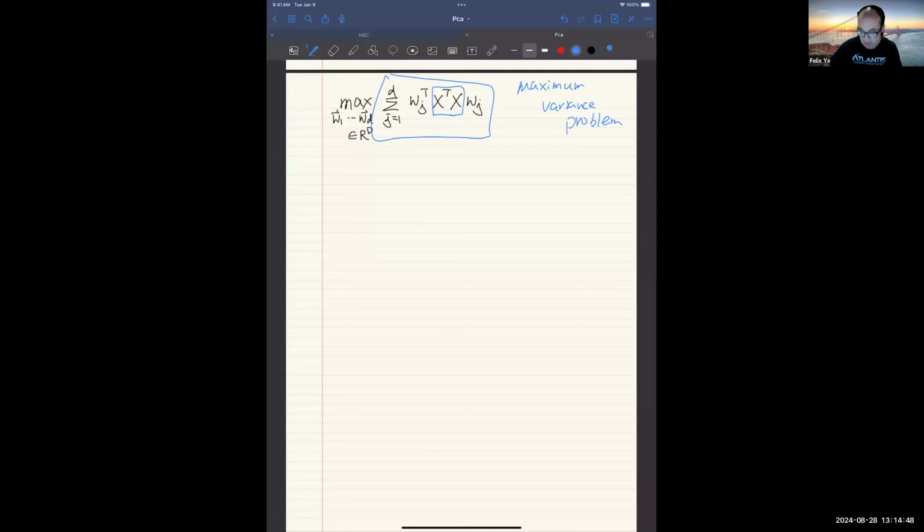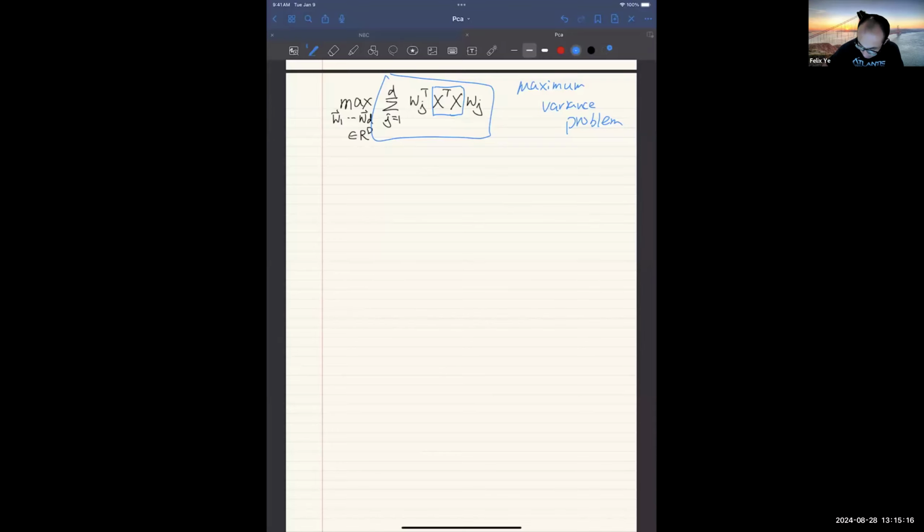This is the covariance matrix of X, and the point of everything is that we want to find a set of directions W1, W2 to WD that are an orthonormal basis. If we project everything onto these directions, I want to maximize the variance along these directions.